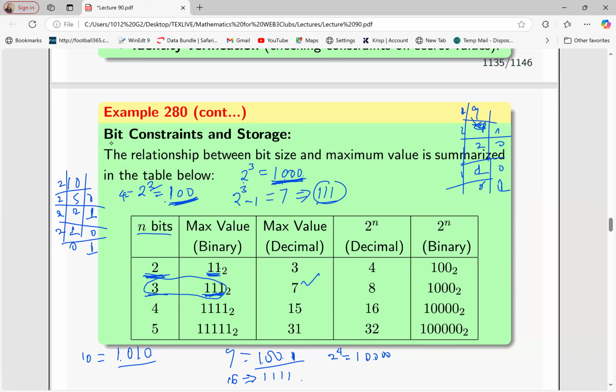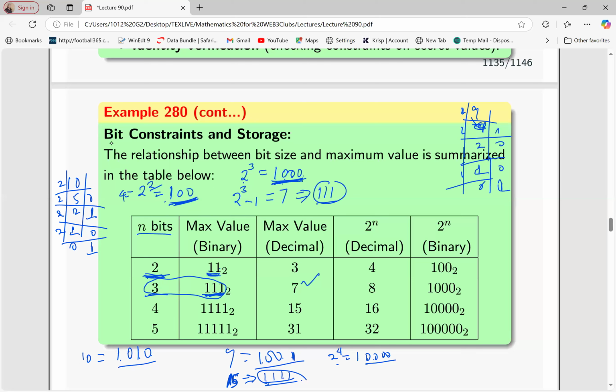So 15 is 1, 1, 1, 1, 4 ones. Because 16 will be 1 with the 4 zeros, 16 is a 5 bit, but 15 is a 4 bit. It's the maximum 4 bits. In terms of storage, this will require a maximum.